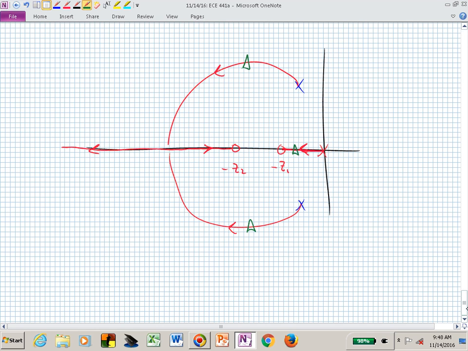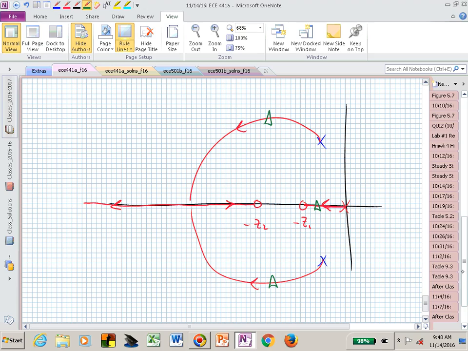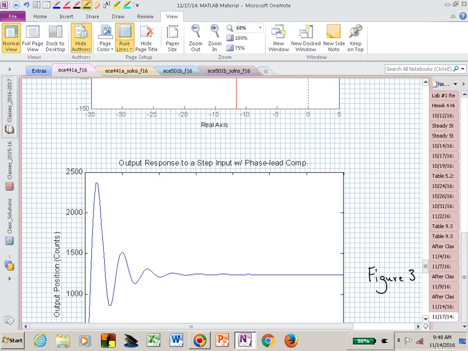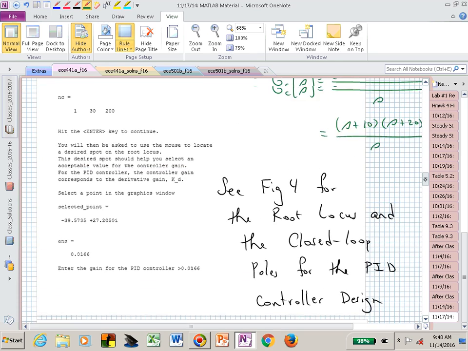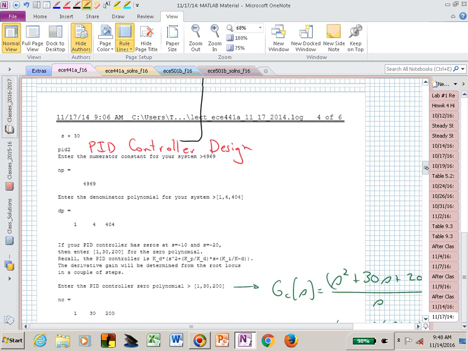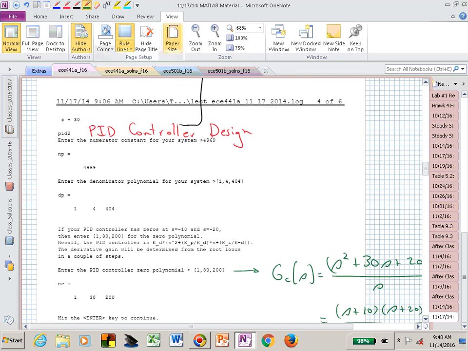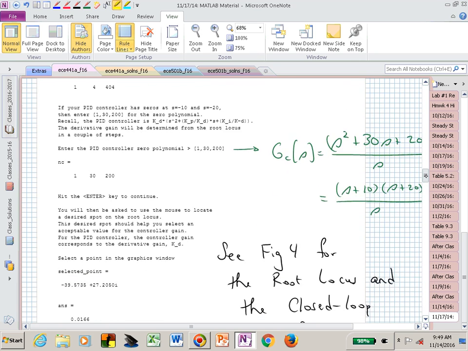And again, I give you a program somewhere to execute, PID. And you can enter your system, you can design your controller.